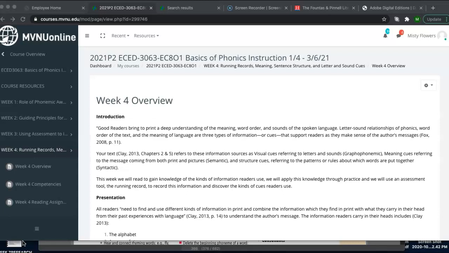The same way with letter identification. What letters could the student identify? What did you notice about letters the child was unable to identify or that they confused? How did the child identify those letters? Could they do it by letter name?